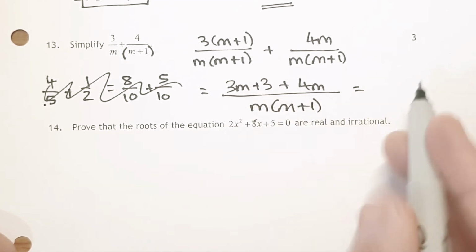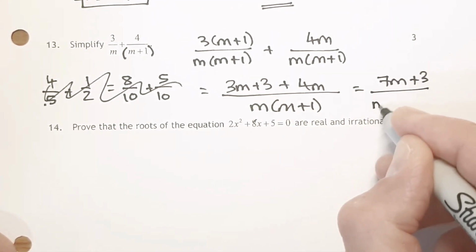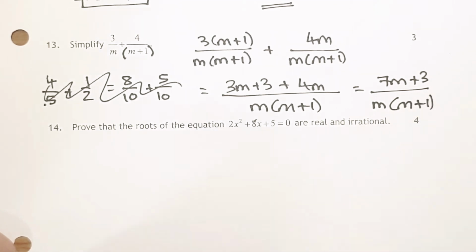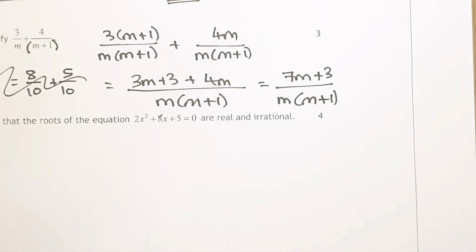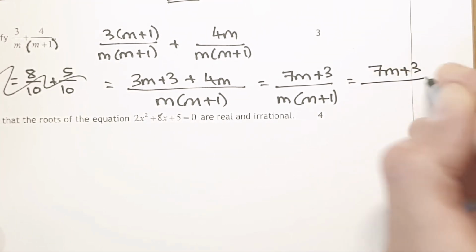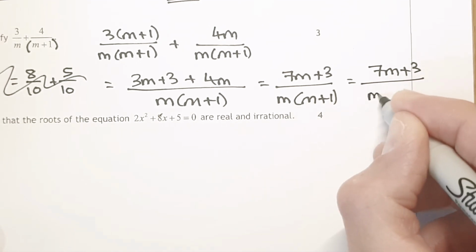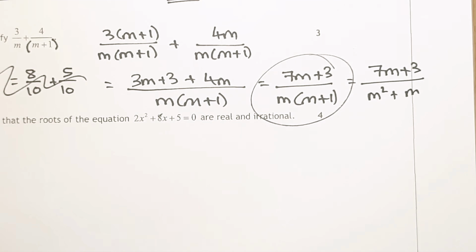So we've got 3m and 4m is 7m plus 3 over m plus 1. Now you're going to get your full marks for that, but if you wrote it with the multiplied out denominator, that's absolutely fine as well. So m times m would be m squared plus m times 1 is m, but I'd just leave my answer like that.